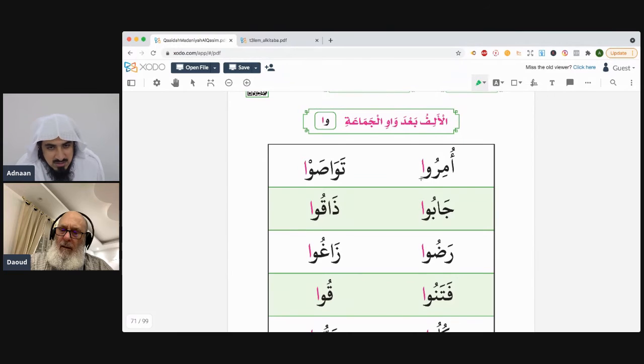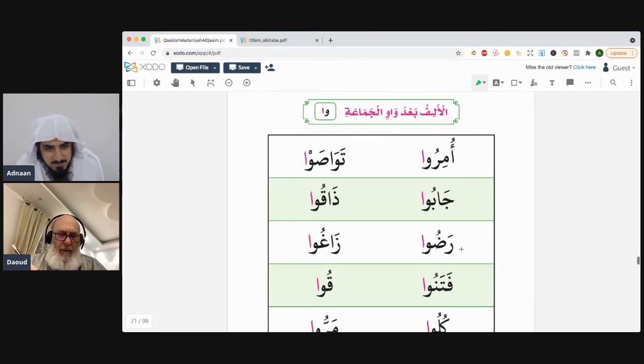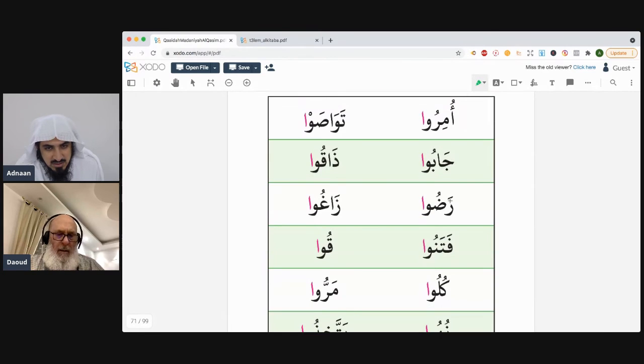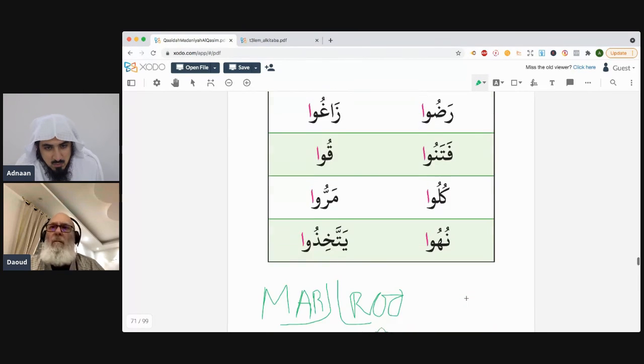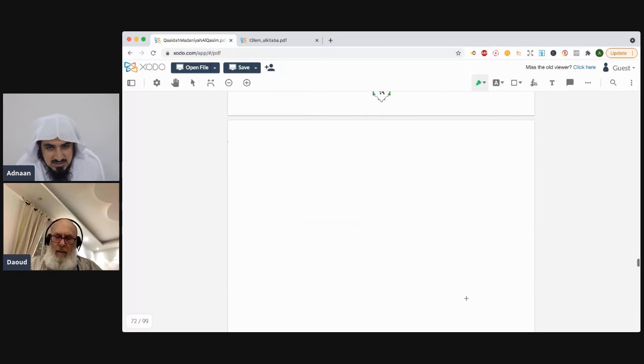Ba'da waw al-jama'ah. So notice how all these alifs have a waw before them. Some have sukoon and some are pulled, and generally they all have a sukun. Nuhu yattakhidhu, like that. And that's our lesson for today.